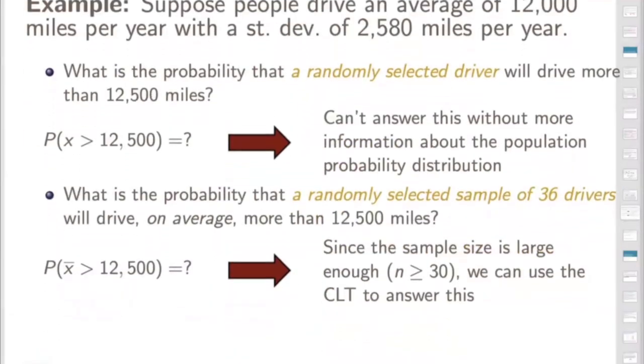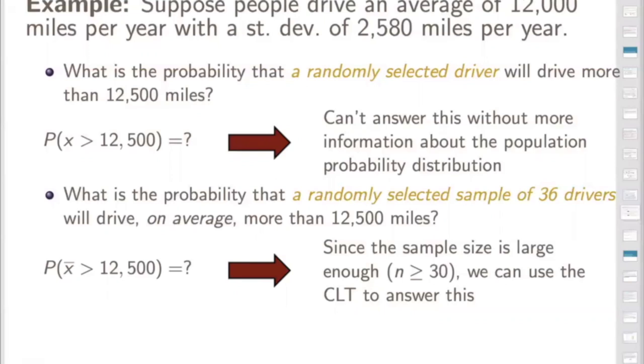For example, suppose people drive an average of 12,000 miles per year with a standard deviation of 580 miles per year. What is the probability that a randomly selected driver will drive more than 12,500 miles?